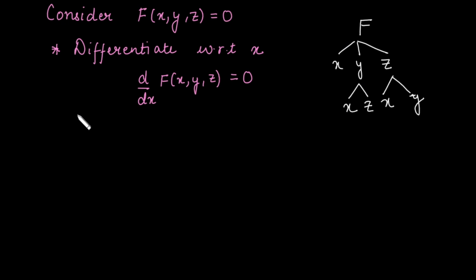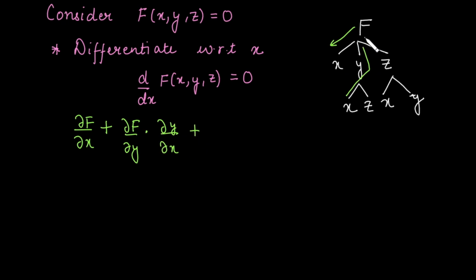According to the chain rule, we have the partial derivative of the function with respect to x, plus the partial derivative of the function with respect to y, then y with respect to x, again a partial derivative, plus the derivative of the function with respect to z, then z with respect to x, is equal to 0.